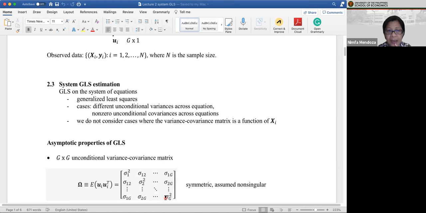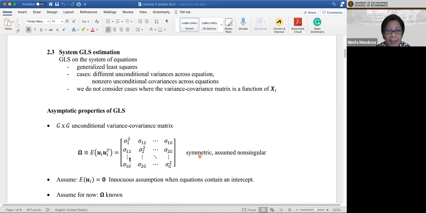They need not be constant. And also, you can have non-zero unconditional covariances across equations. Therefore, the off-diagonal elements need not be zero. We do not consider cases where the variance covariance matrix is a function of X sub i. So these elements are not functions of the explanatory variables. We will derive the GLS estimator and then look at the asymptotic properties of GLS.